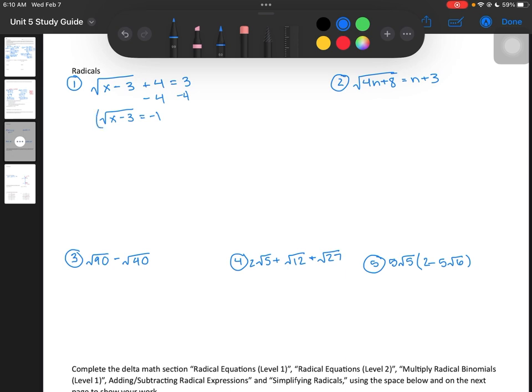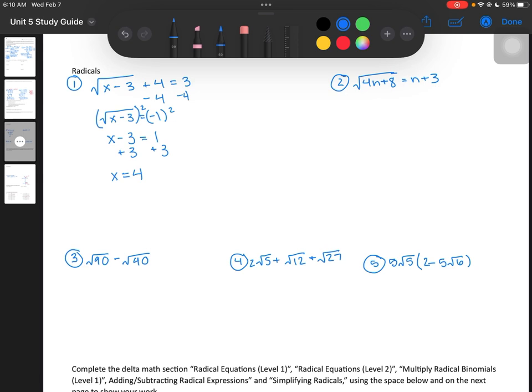To get rid of the square root, I'm going to square both sides because those are inverse operations. I have x minus 3 equals 1. To get x by itself, I add 3 to both sides. And I get x equals 4.